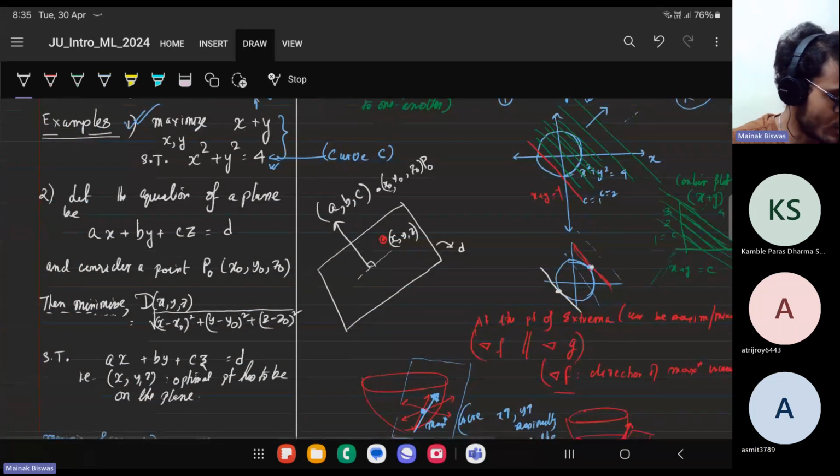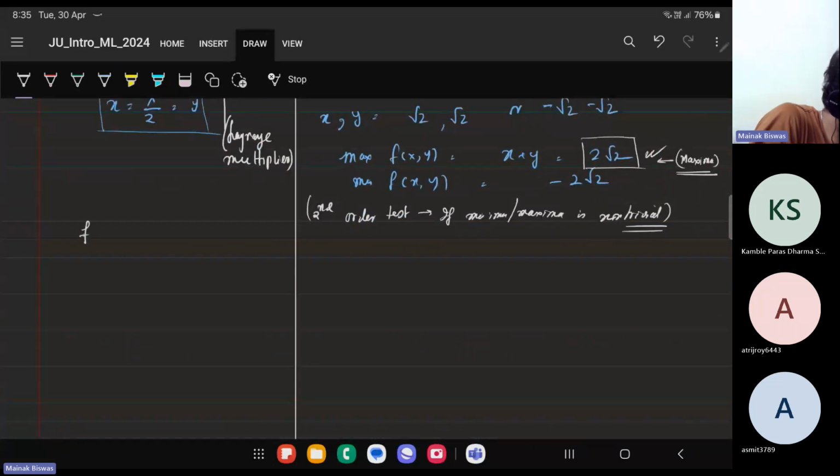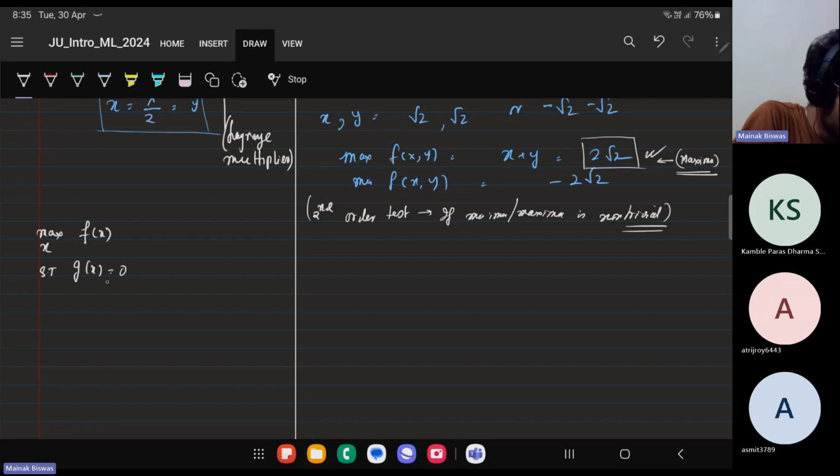So if you have understood, now I have told you: maximize f of x, where x is a vector, such that g of x is equal to 0. This is what the constraint is. So we can also write this as some Lagrangian of x and lambda.